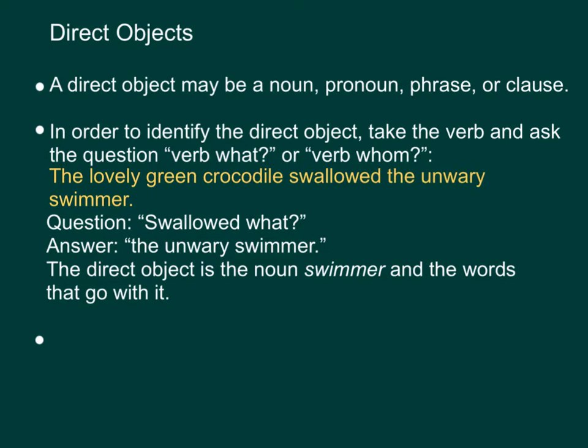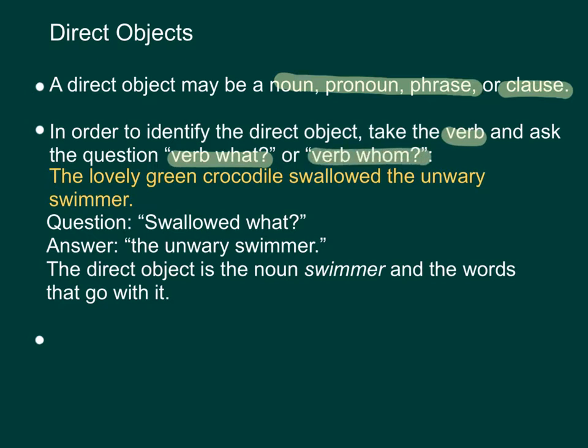Direct objects. A direct object may be a noun, pronoun, phrase, or clause. In order to identify the direct object, take the verb and ask the question, verb what or verb whom?